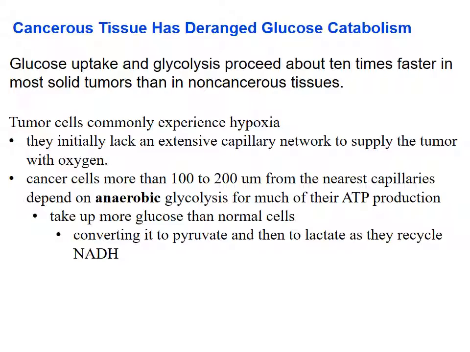Therefore, it is not unwise to think that a diet low in sugar is good for you. Nobody can refute that. We've been told that as kids, that sugar will rot our teeth. Anyways, it can do a lot more. So, glucose uptake in cancerous tissue is on the order of 10 times faster than in normal, non-cancerous tissue.